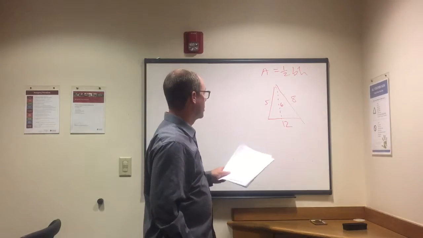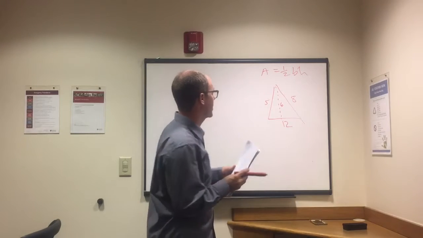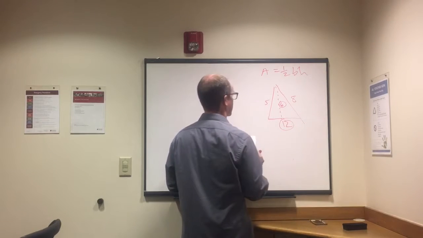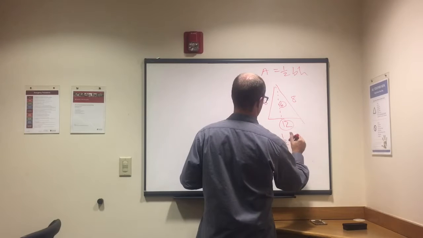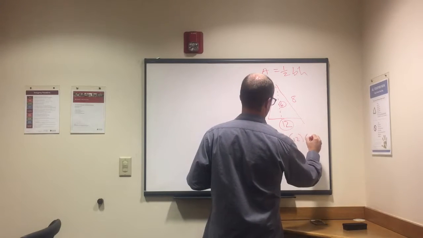It doesn't matter at all, right? So if they give us something like this, we want to find area, we care about the height and the base in our formula. Area equals 1/2 times base times height, 12 times 6.